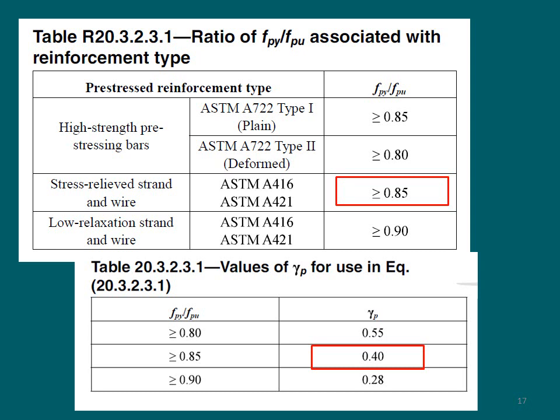For a case like this, fpy divided by fpu is 0.85 and higher, and the gamma sub p that you're going to be using in your equation is going to be equal to 0.4. So this gamma sub p is equal to 0.4 for all strands that you're going to be using in this course. Now I understand where it's coming from. It is a code value that we're going to be using out of some tables, and here are the tables.